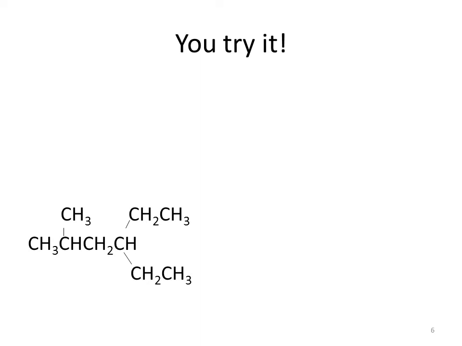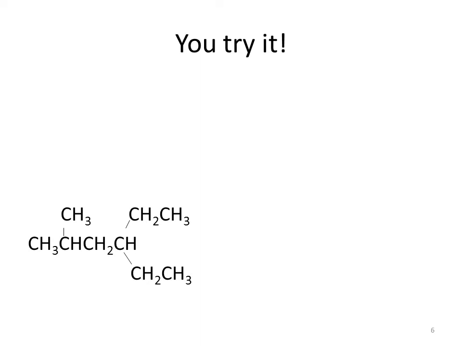To name this compound, I look for the longest chain. The longest chain must start with the CH3 and end with the CH3. So you can see that we have to include more than just what's written in a line. We've got to be a little more flexible and be able to look for the longest chain regardless of how it bends or might kink.